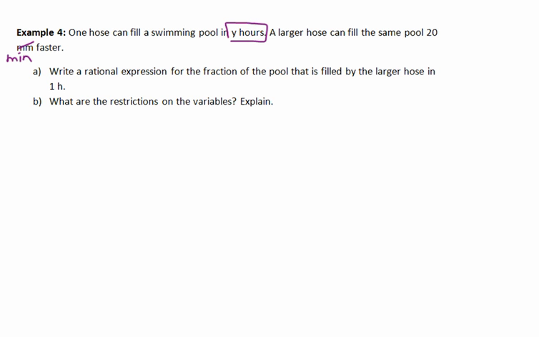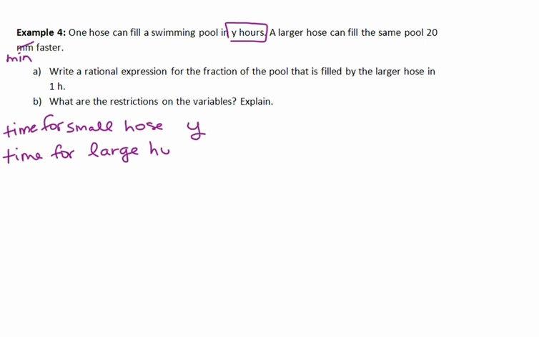If the time for the small hose is y, how can we write the time for the large hose in terms of y? Would it be y plus 20 or y minus 20? Y minus 20. If it's 20 minutes faster, it's y minus 20.